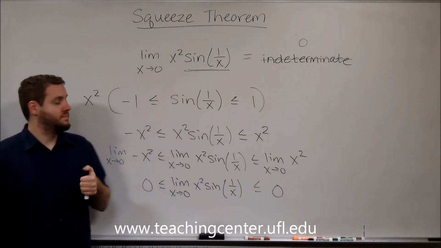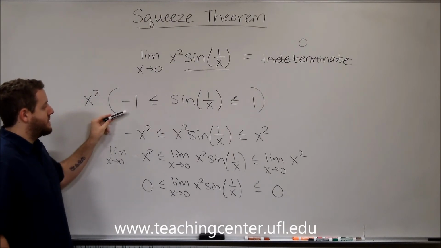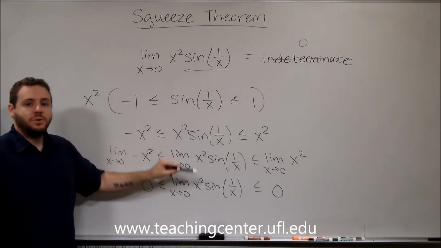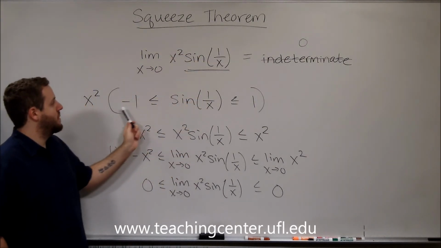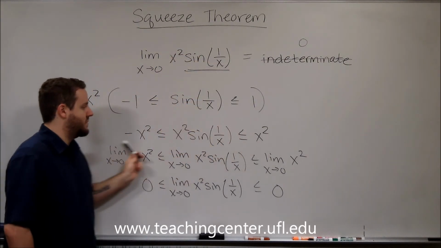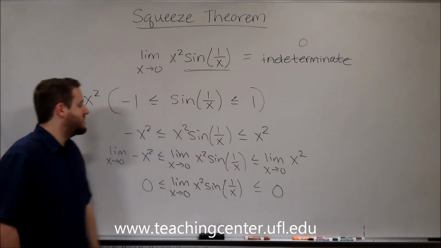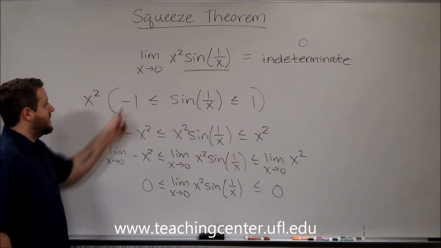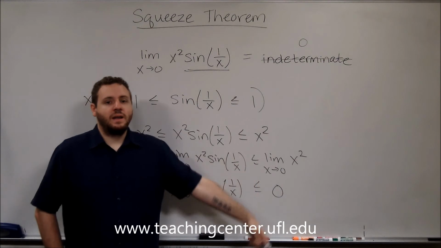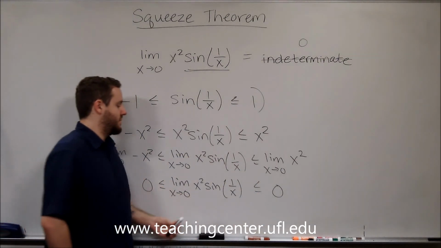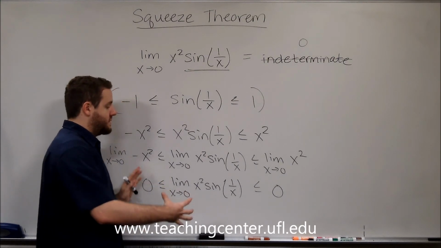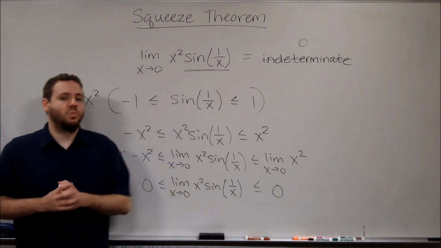Next, multiply by whatever you need to get your original function back in the center. In this case, we were missing an x squared everywhere, so I multiplied everything by x squared. Once you do that, you can take the limit you want of the left and right, and those will always be easier to evaluate, and it will always give you something that squeezed the center part into just one answer.